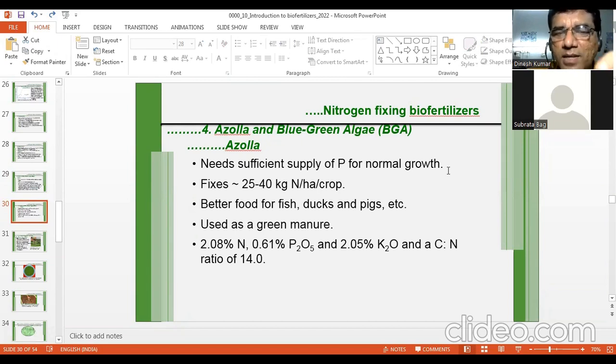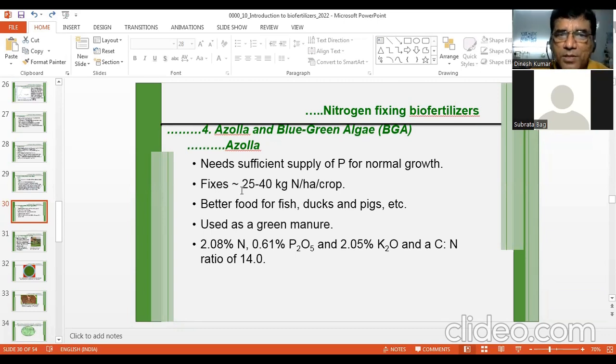So here I am teaching you about Azolla. That does not mean that this Azolla does not have BGA. This Azolla contains BGA or cyanobacteria in the cavities of Azolla. It is living symbiotically with it, and it takes carbohydrate from Azolla.